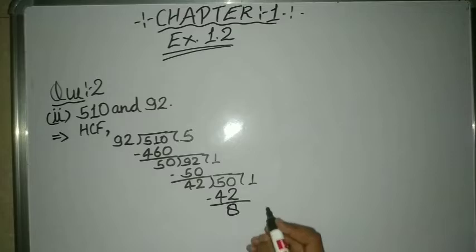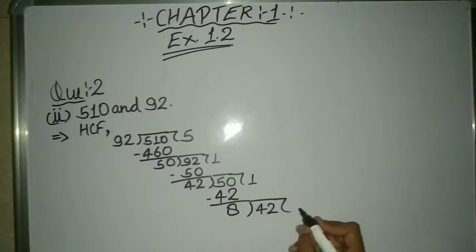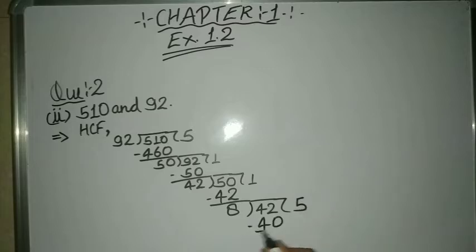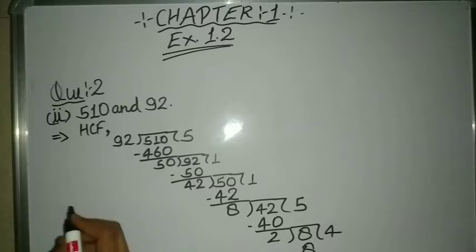Now 42 divided by 8 gives 5, and the remainder comes 2. Now we divide 8 by 2, so it goes 4 times and the remainder becomes 0. So our HCF is 2.